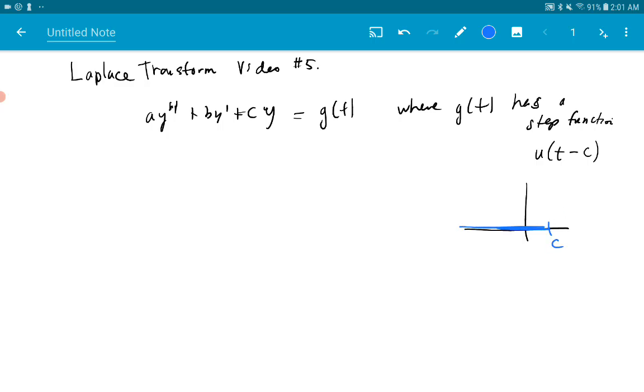It could be 1, it could be 2, it could be 3.7, whatever it is, and then it jumps up to 1. It's 1 after that.